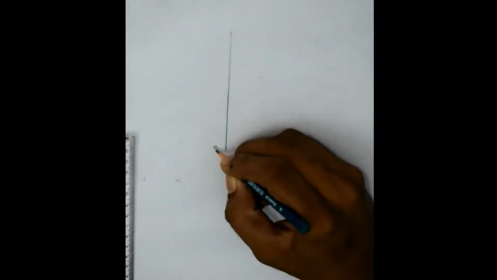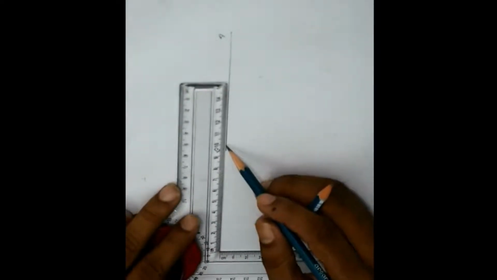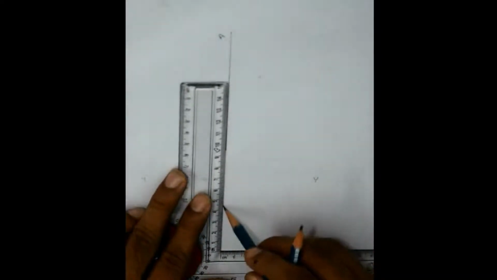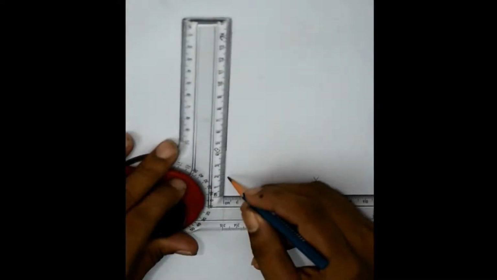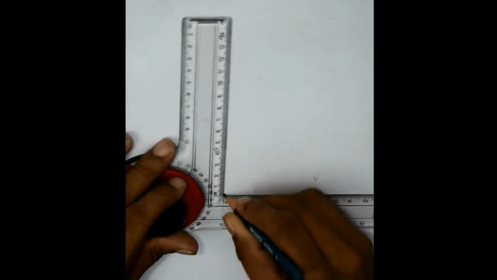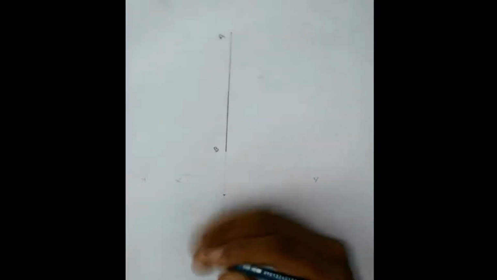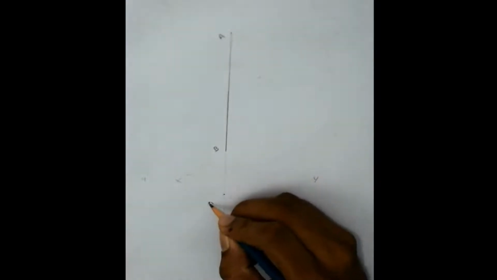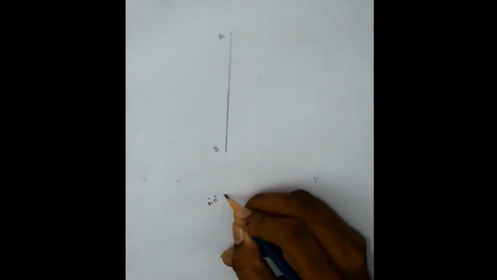So this is the end B, this is the end A, and also we have seen that the top view will be a point which will be 20 mm away from the VP. So this is going to be a top view which will be simply a point. This is A dash and B dash.